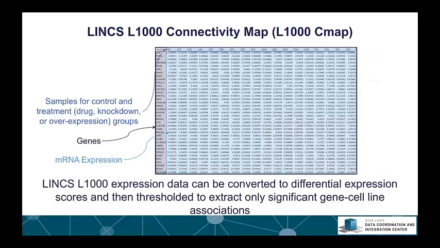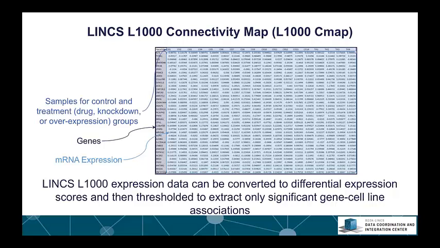Signatures of differentially expressed genes are computed by collecting several replicate gene expression measurements for a control condition and several replicate measurements for a perturbed condition, and then applying a statistical method to test if the expression levels of any genes were different in the perturbed condition compared to control.